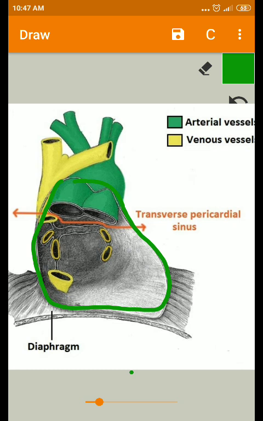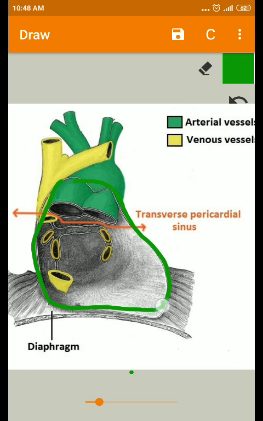Also, this pericardium prevents overfilling of the heart. It plays a very important role in placing a physical limit on the potential organ. I have already told you that the external layer is tough and inextensible, that means its elasticity is very low because it is made up of fibrous tissue.